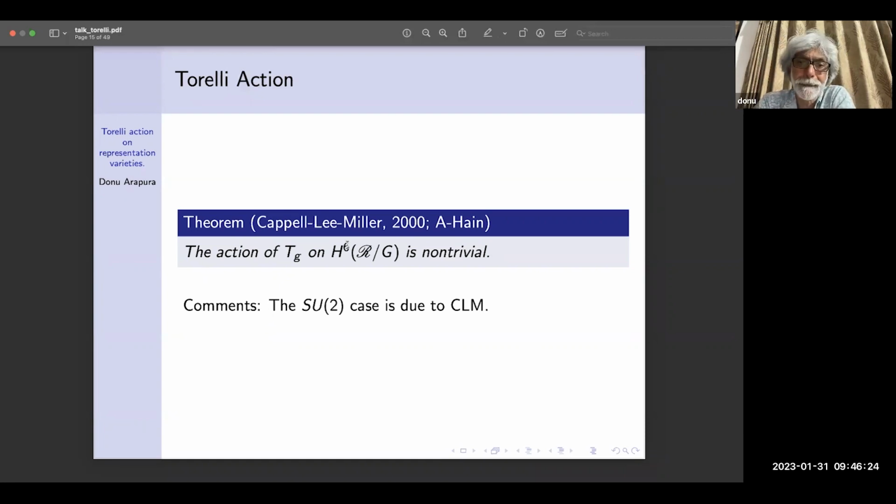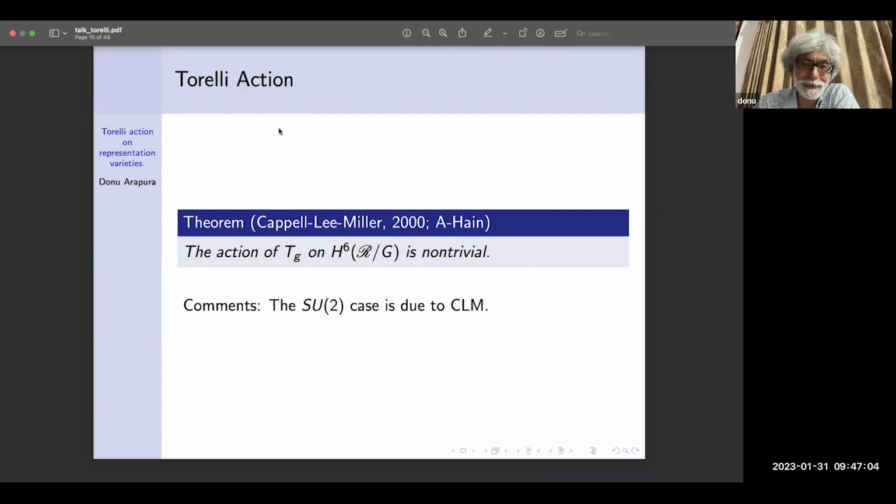Any further questions? In degrees other than 6, the original paper of Cappell, Lee, and Miller has a non-trivial action of the Torelli group, right? Do you expect to explain that? Yes, it's kind of embarrassing.